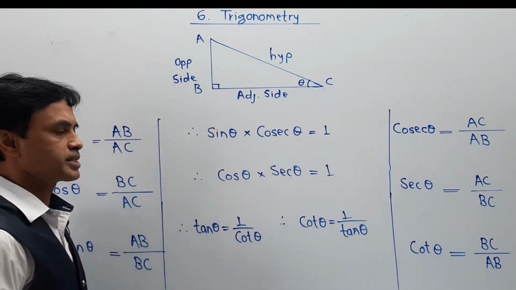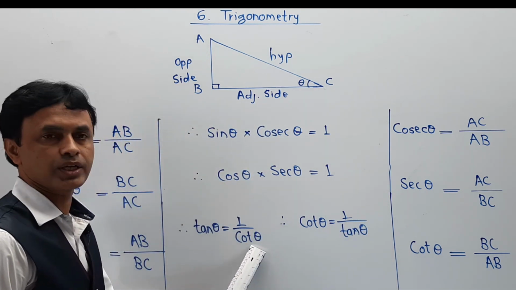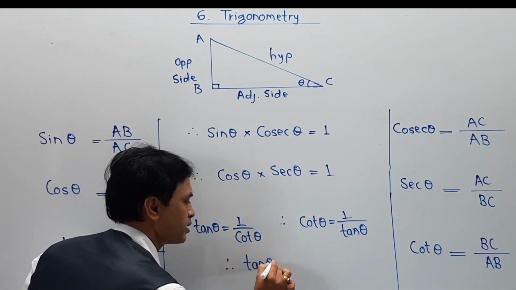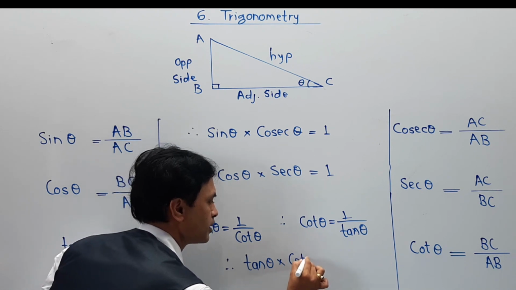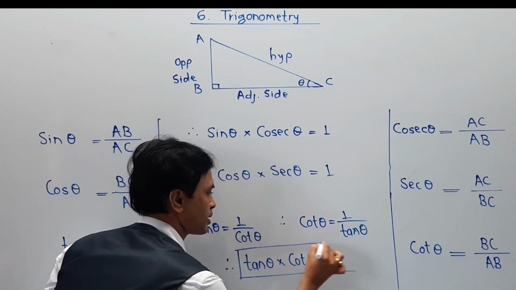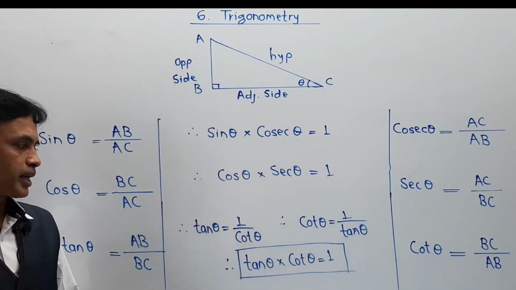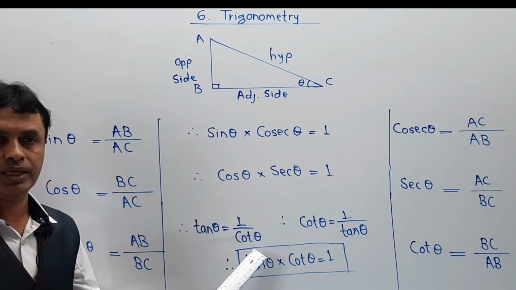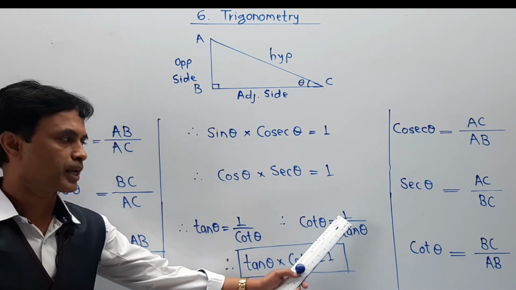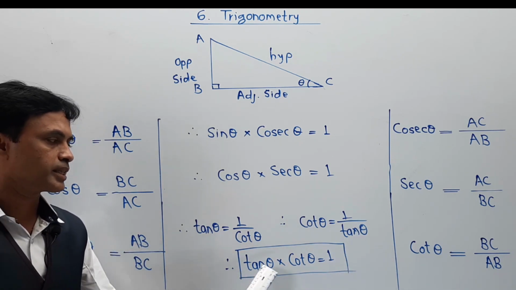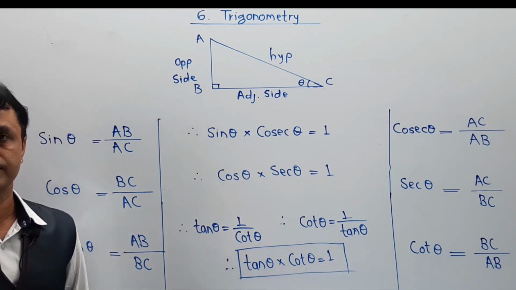And finally we can simply write tan theta into cot theta is equal to 1. Remember, in a numerical, if tan theta comes, you can replace it by 1 upon cot theta. Or if cot theta comes in the numerical, you can replace it by 1 upon tan theta. Logically the property is tan theta into cot theta is equal to 1.